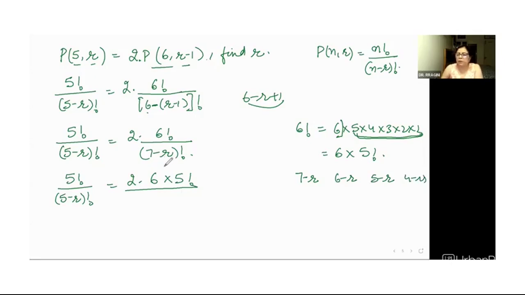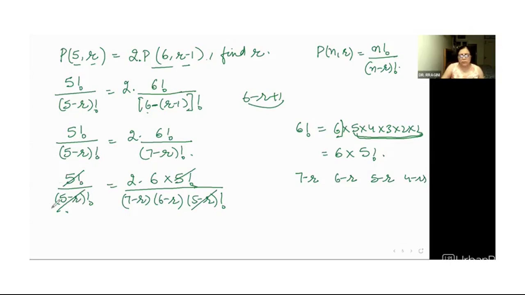But the bigger numbers are always split, taking out the bigger parts, when we have something in common. Like here, I am taking 7 minus r, 6 minus r, going backwards, I have got 5 minus r. Here I am putting factorial because I don't want to go up to 1 this way. I have got this common. So these things can be eliminated from both the sides. I hope this is clear, right?